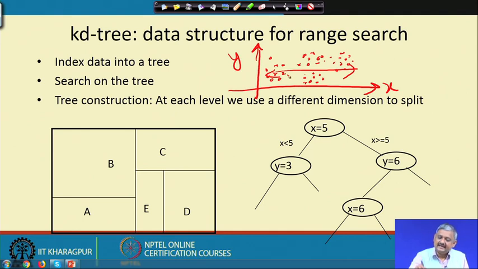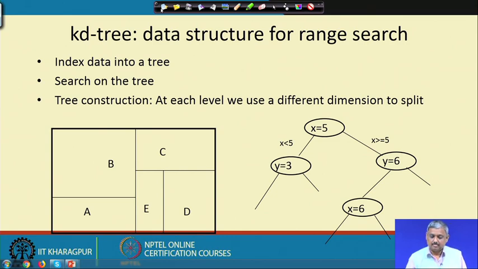We take the median in that direction as my first split, 5 is the median, and then repeat this recursively for each of the subsets. So, for example, here, draw it again.